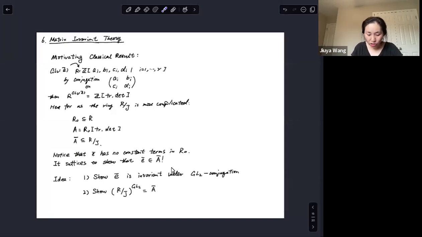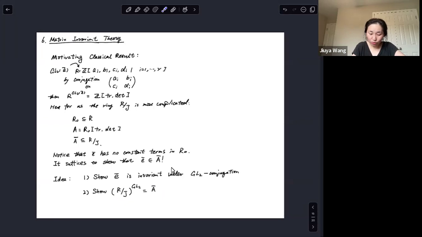If we let the sub-algebra generated by trace and determinant of all products of the rho i's, and look at its image in R mod J, then if we can succeed in showing on one hand that this error term is invariant under the GL2 action, and on the other hand that the subring invariant under this action is exactly trace and determinant, then combining these two sides, we will get our result. So that is the rough idea.